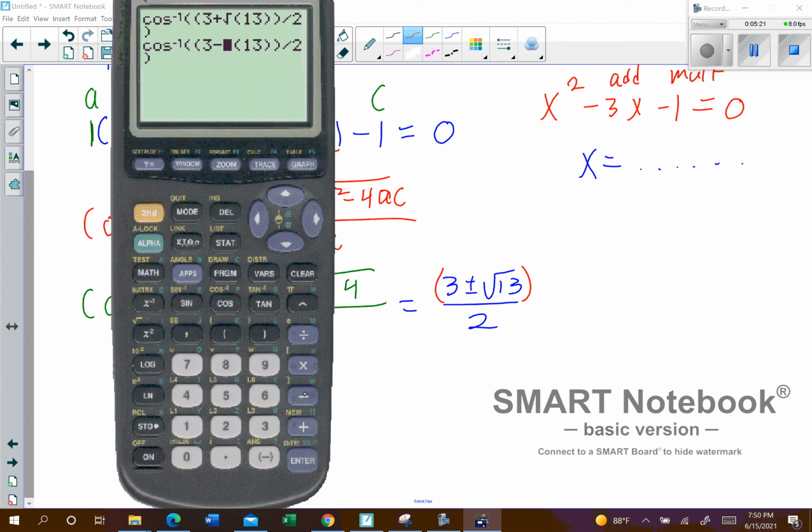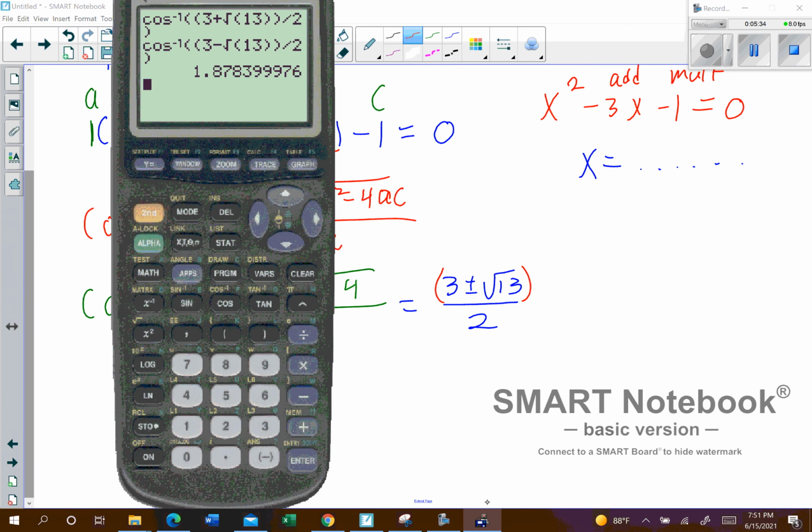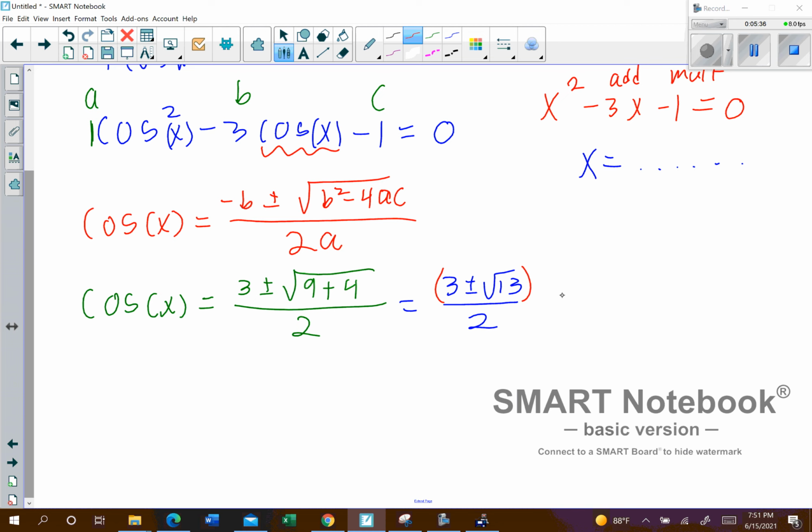So I'm going to change that to minus. Let's go ahead and see if we get up. There we go. And I think we're supposed to round to 2 decimal places. Let me double check that. Okay, so yes, 2 decimal places. Let me go ahead and write the notation for this.